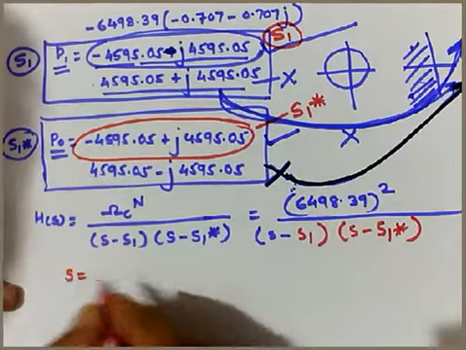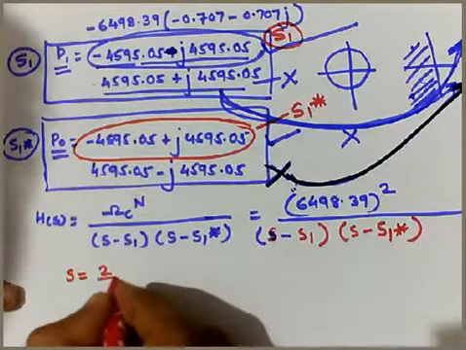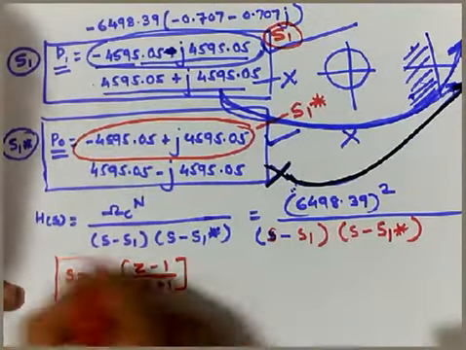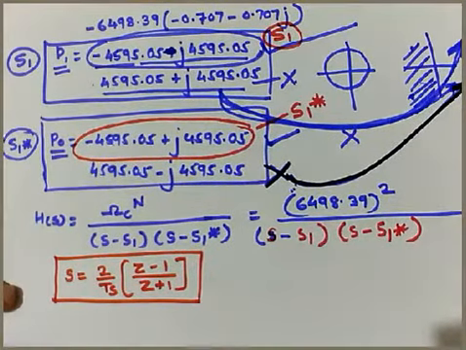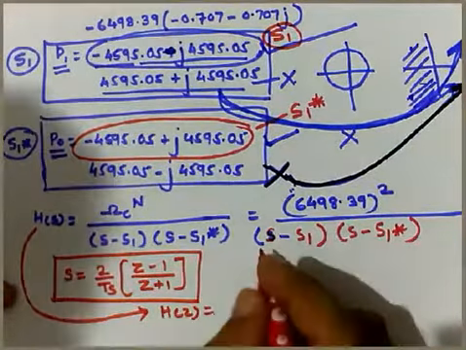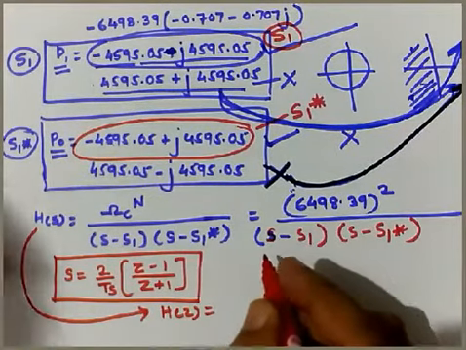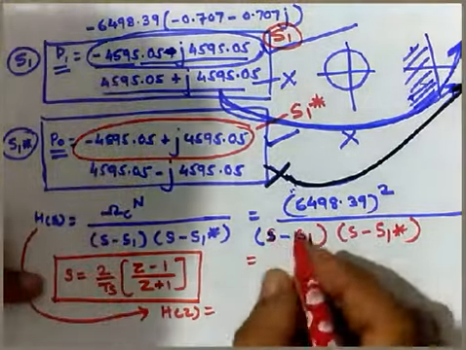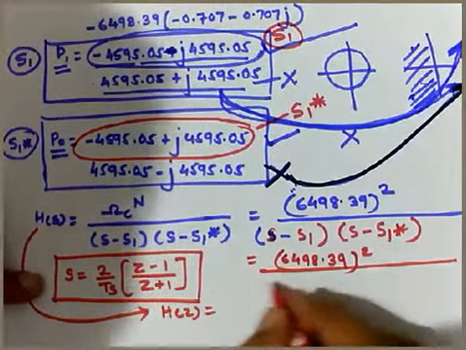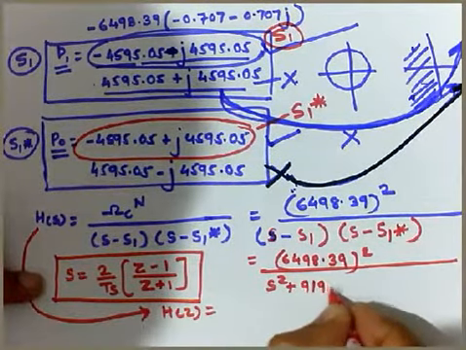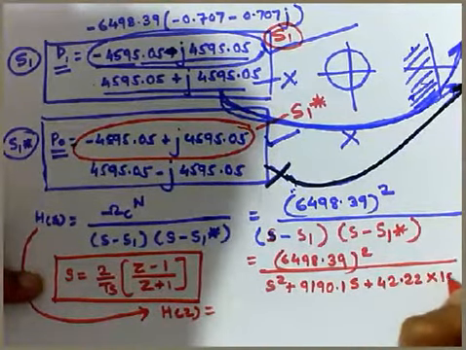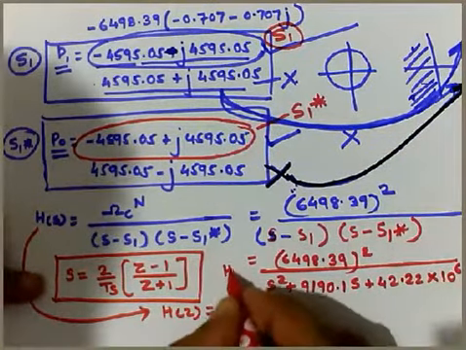Just replace S everywhere by 2 by Ts, Z minus 1 by Z plus 1, and that is the replacement of H of S to H of Z. By solving it, the final value of H of S will be 6498.39 square divided by S square plus 9190.1 S plus 42.22 into 10 raised to 6. This is H of S.